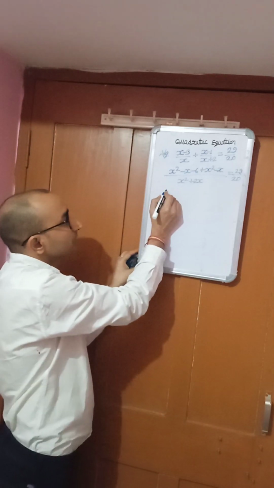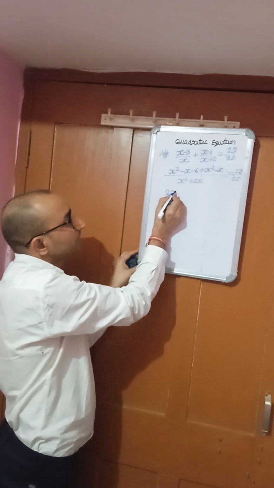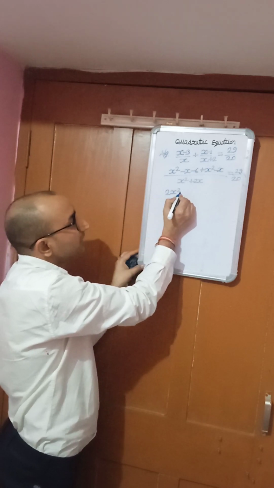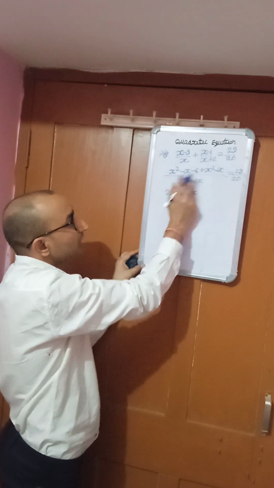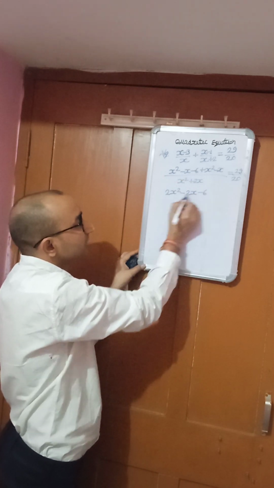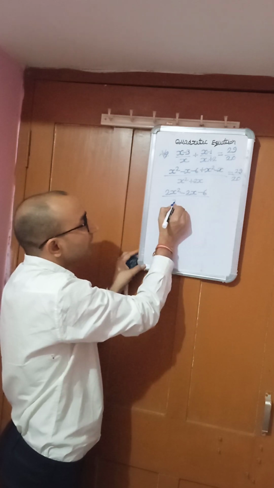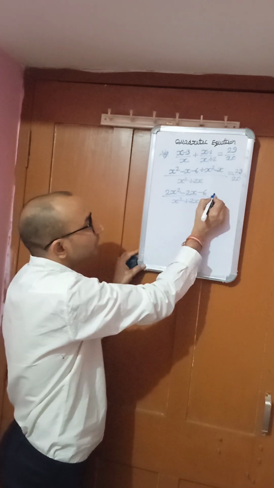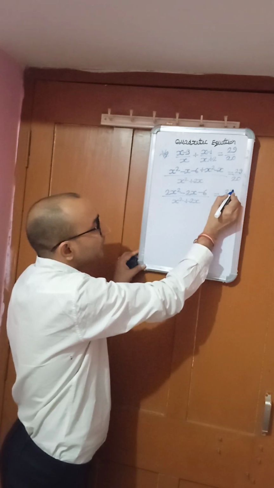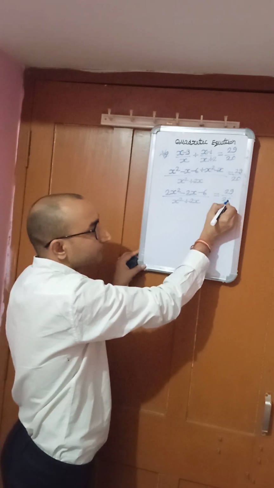So this becomes 2x square minus 2x minus 6 divided by x square plus 2x equals 29 by 20.